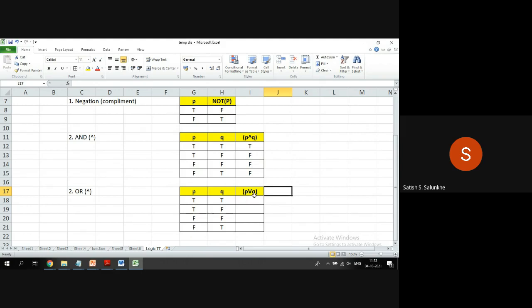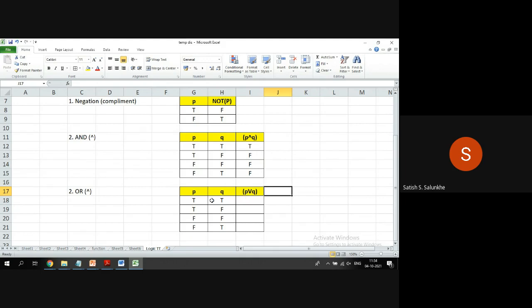So it is an OR, no? Either this or this. It is like you go to a bank and they ask you to submit one of the following documents: either this document or this document or this document. If out of these you furnish at least one document, then you are satisfying the eligibility criteria. If at least one propositional variable is true, then your entire compound proposition is also true.